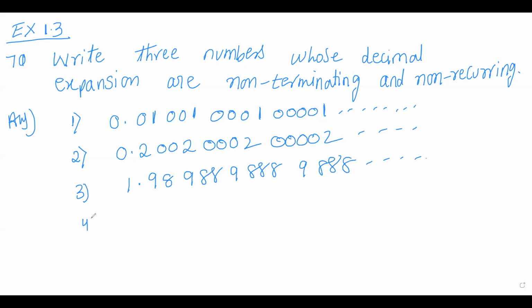And one more example, you can take any numbers randomly, 7 3 2 4 5 1 3 2 5, so on. So these are the examples of non-terminating, non-recurring decimal expansions.